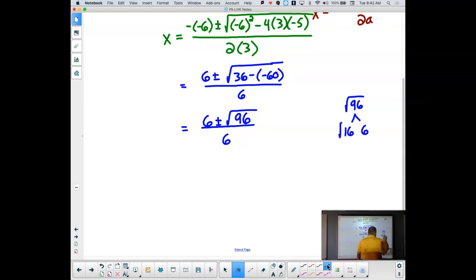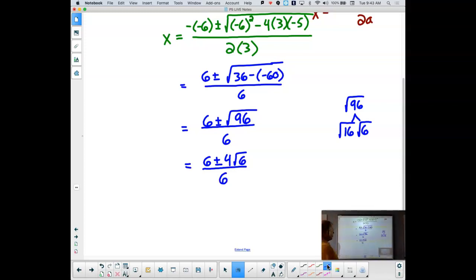Yep. So this then would be 6 plus minus, square root of 16 is 4, square root of 6 is the square root of 6, all over 6.